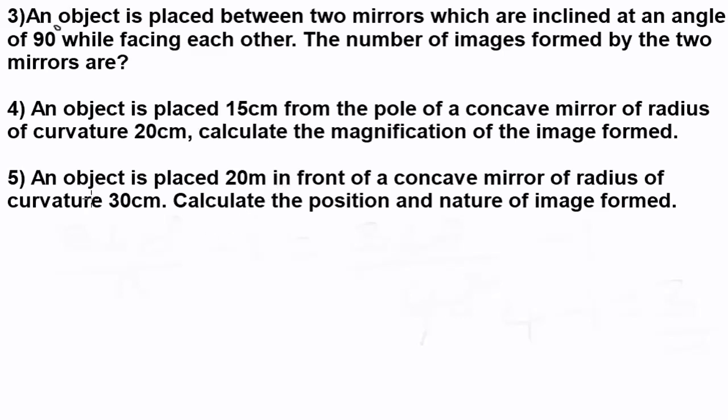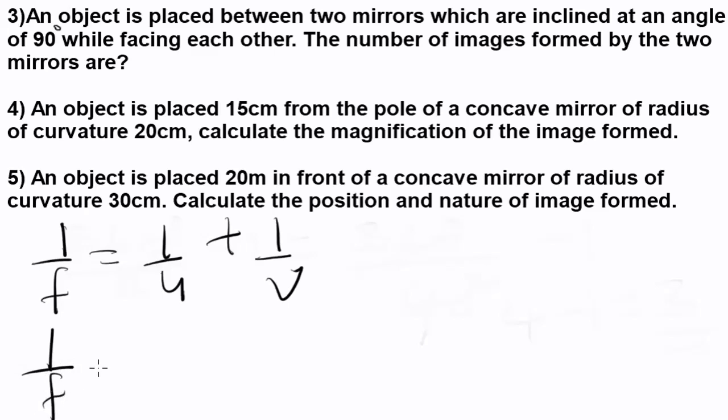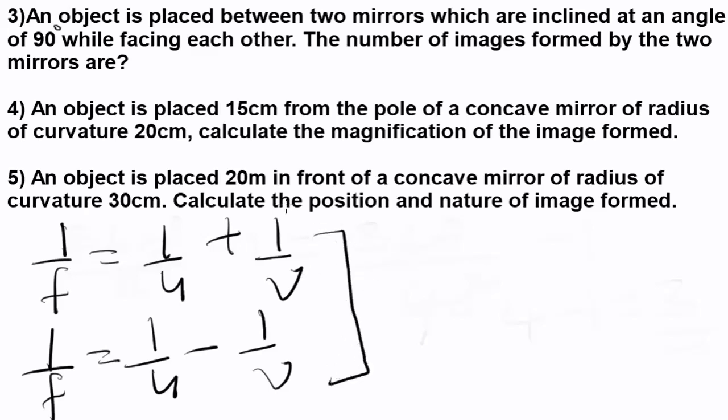Now for such situation, the mirror formula will be calculated using 1 over f, where f stands for focal length, equals 1 over u plus 1 over v. Alright. Whereas if the image formed is virtual, implying that the image distance v is negative, we're going to have the mirror formula to be 1 over f equals 1 over u minus 1 over v. Alright, so take note of this difference.